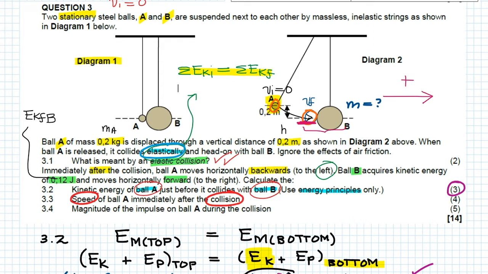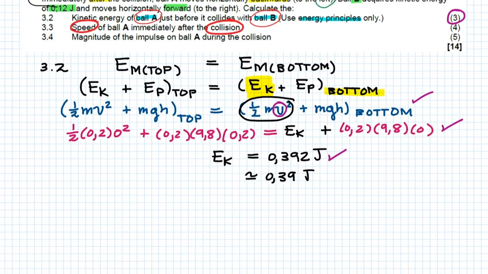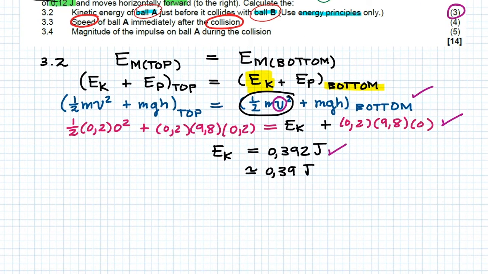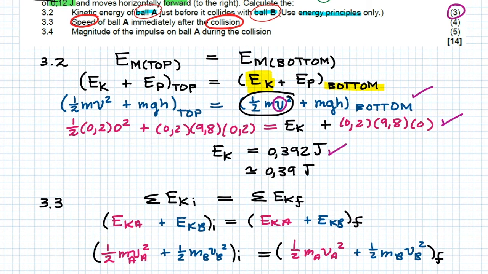We start off by writing down a formula. So, unlike the principle of conservation of mechanical energy, which we used in question 3.2 and which applies only to one object, or if we have two objects that are joined together, we would observe that as one object, in question 3.3 we are looking at elastic collisions.